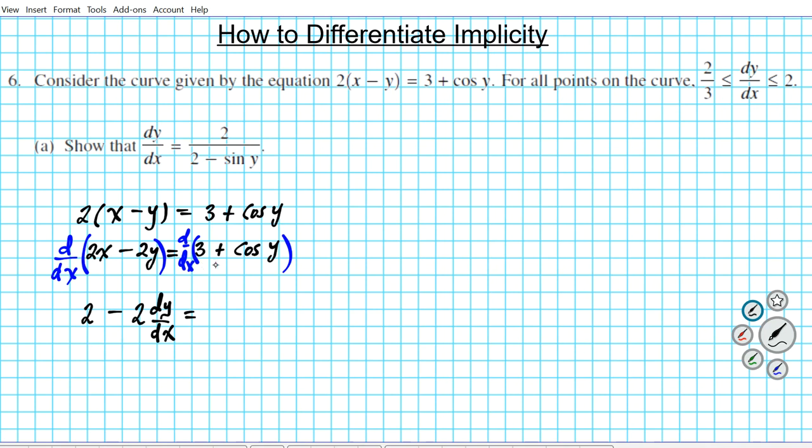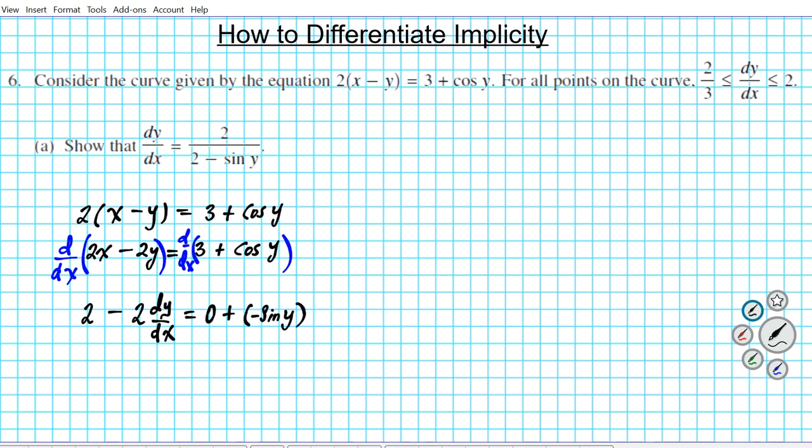Applying the same procedure to the right side of the equation, the derivative of a constant is 0 with respect to anything because constants do not change. We have another disagreement here. This is a function of y. So let's differentiate this. The derivative of cosine is negative sine.